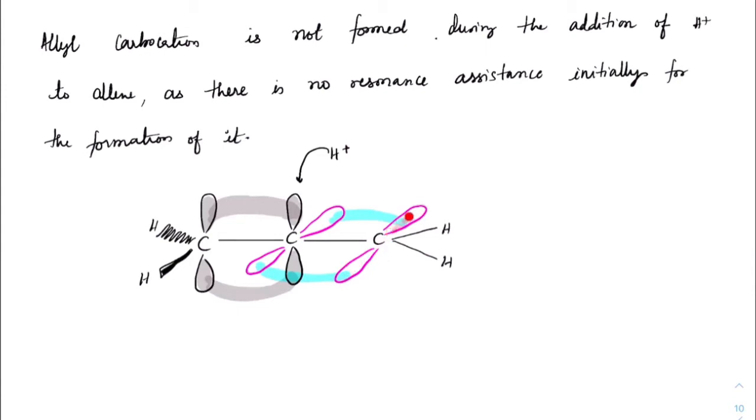See this orbital, after H plus gets added here, is this orbital and this orbital parallel to each other? No, they are perpendicular to each other. So would there be any resonance favored here, students? No resonance. I guess you understood this point, everyone.